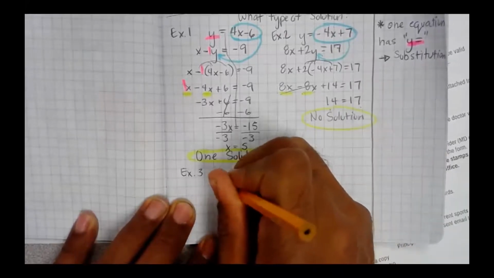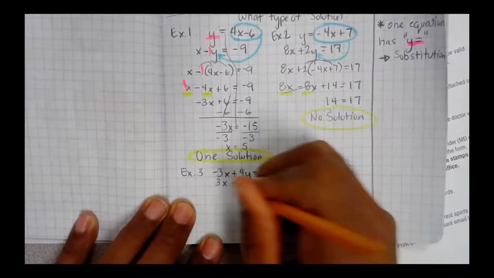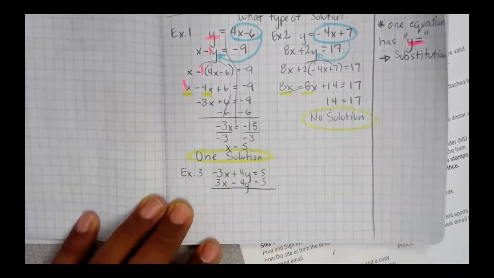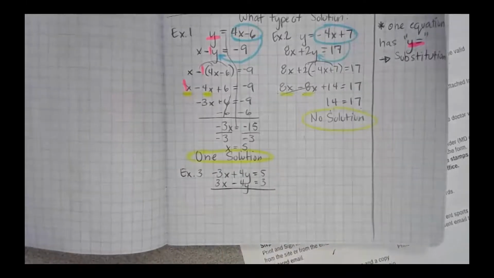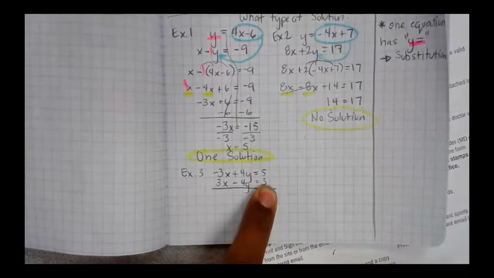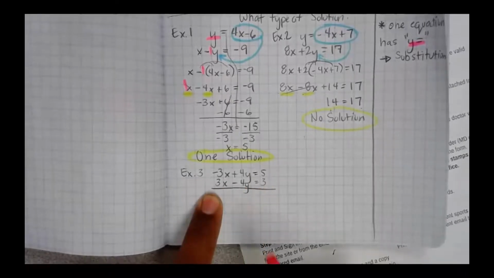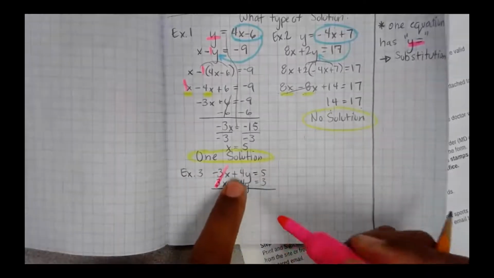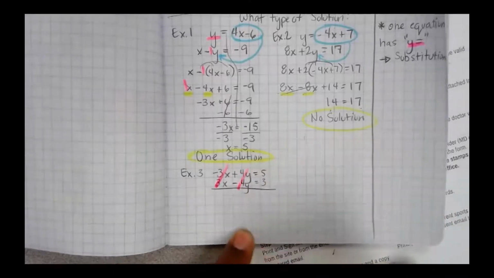Right below that, plus 3x minus 4y equals 3. Notice right off the bat, they're both in standard form, so we could try elimination. We need opposites. We have negative 3, positive 3, cancels. Positive 4, negative 4, cancels.